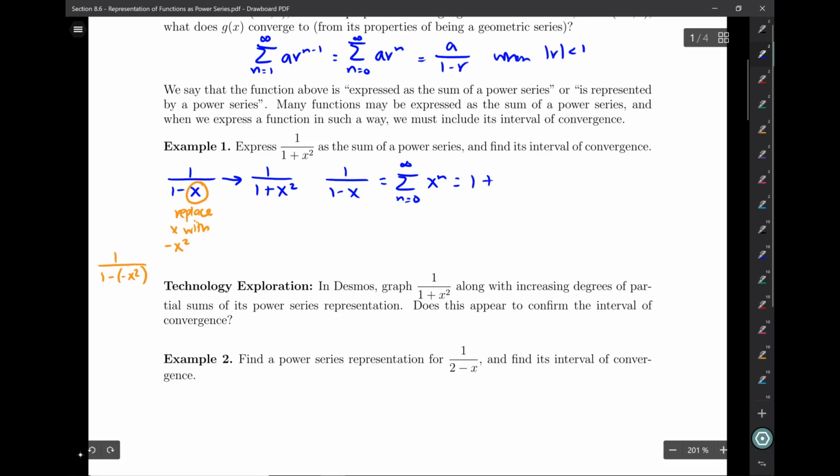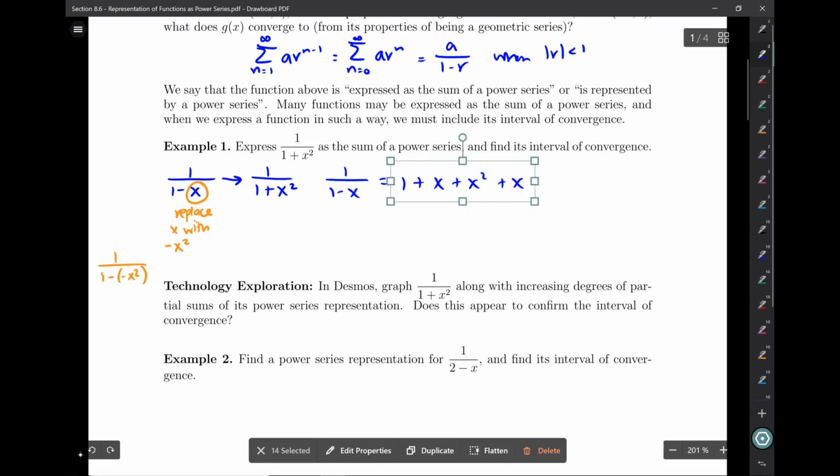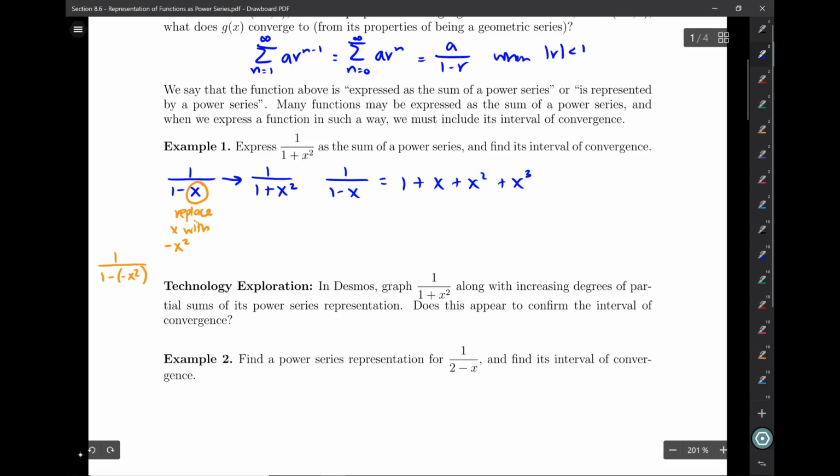So again, this is 1 plus x plus x squared plus x cubed. Actually, I'm going to rearrange this because I like to have the expanded form written first and then the condensed form written last. So x cubed, dot, dot, dot. And then here's the closed form, x to the n.